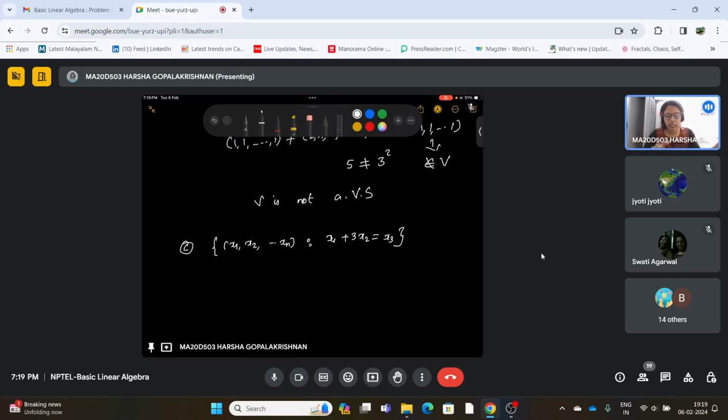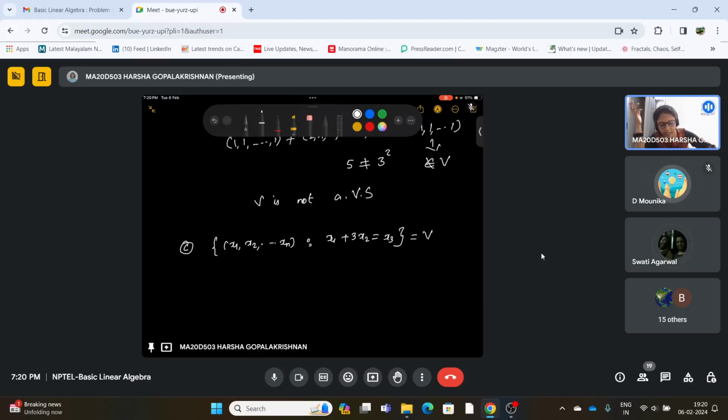We don't know about other elements, it can be anything. There is no mention about that. So the question is whether V is a vector space or not. Can anyone say by just looking at this? Yes, since it is linear, our intuition should be that it should be.